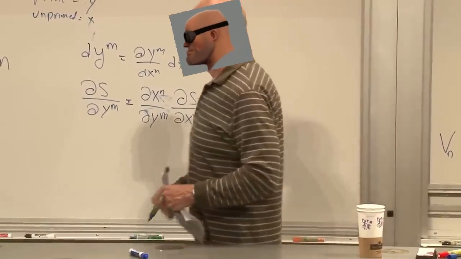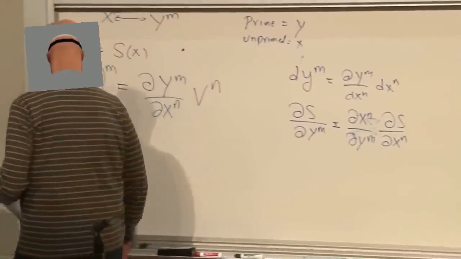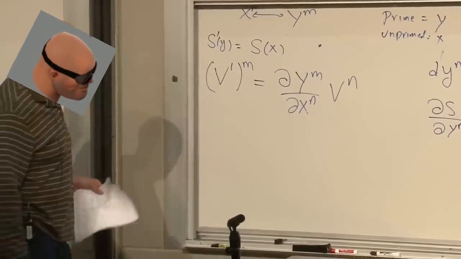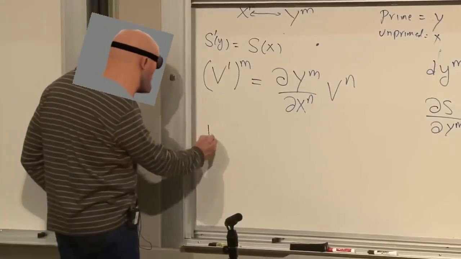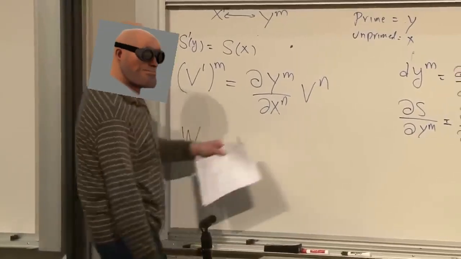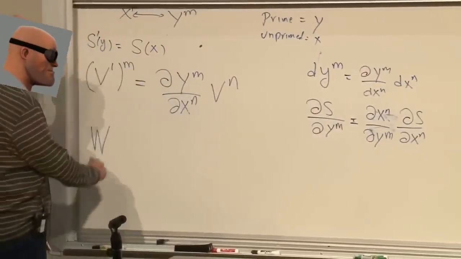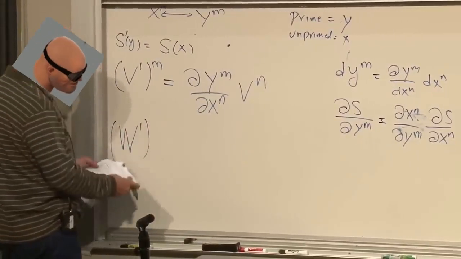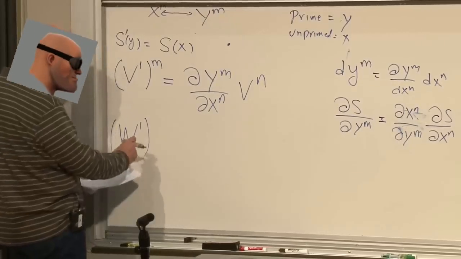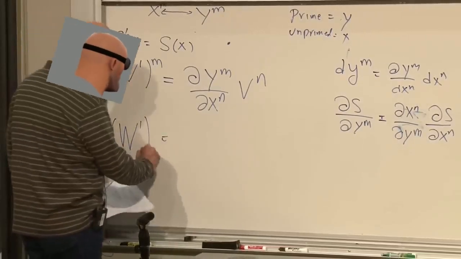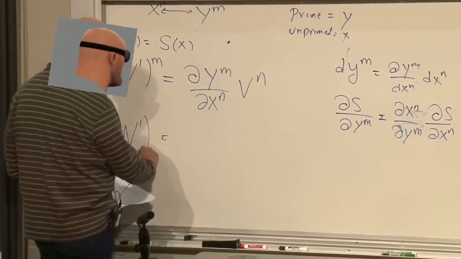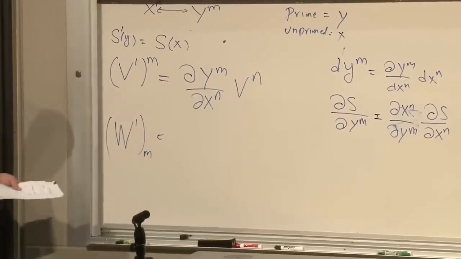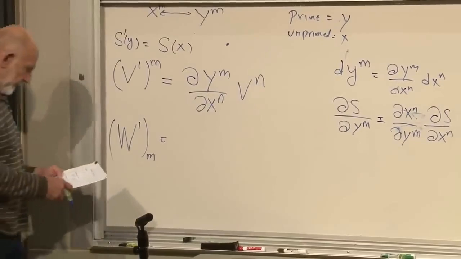All right, so this is the transformation properties of a covariant object, and the corresponding thing for contravariant would be the analog of this, W prime M, W prime M. I'm just using W and V to give different letters for things.